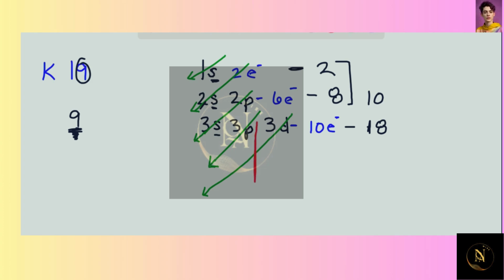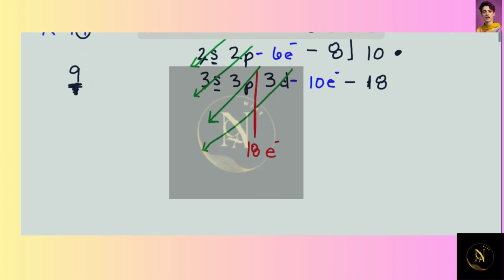Once we get to 3p, we are at 18 electrons, and we know we need 19 total. So we're going to add 1 more electron, so we know we'll have 9 electrons in this shell. So we have first and second shell completed at 10. Both completed, stop. And then we have our 9 extra held in the third shell.